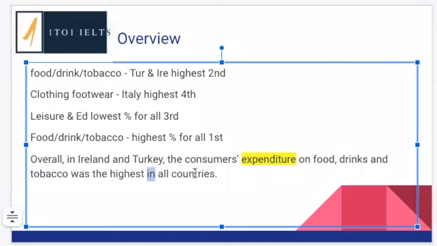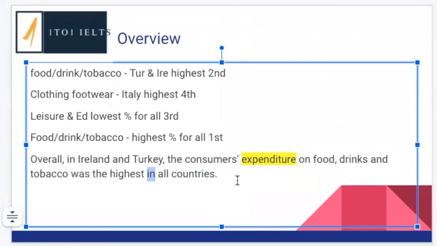So this doesn't make a lot of sense. So here we're trying, it looks like we're trying to say two things. I think you're trying to say Ireland and Turkey were the highest, yeah, of the group. So rather than in all countries, Tamara says, yeah, we could use among, or think of another preposition.